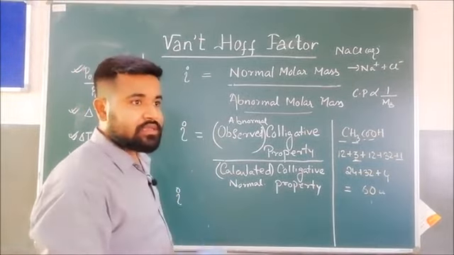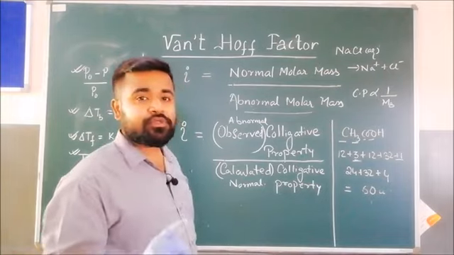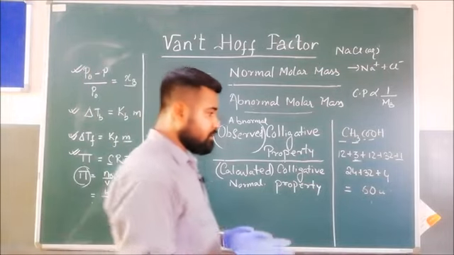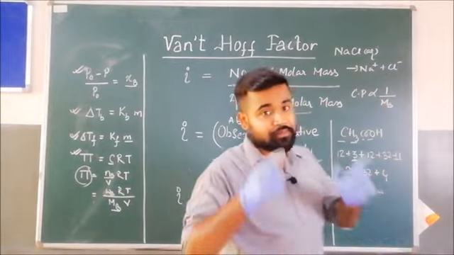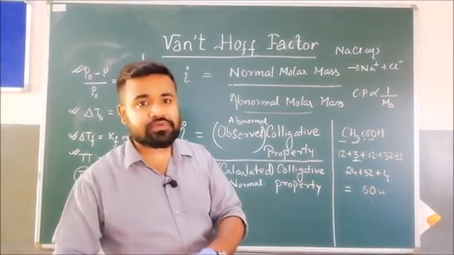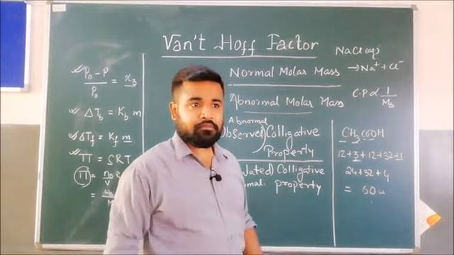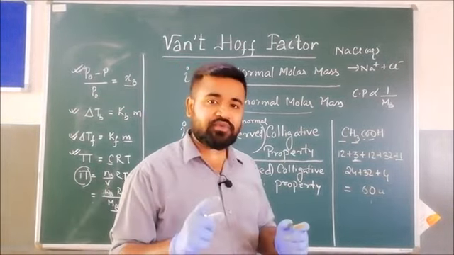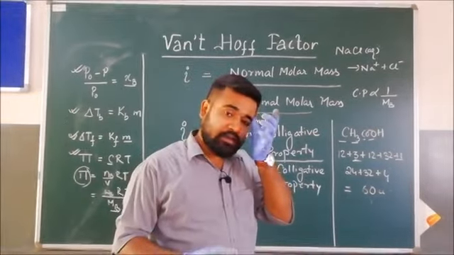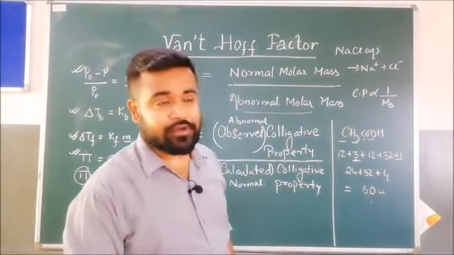The dissociation or association again depends upon the nature of the solvent. Some solutes dissociate in a particular solvent but associate in some other solvent. So whether dissociation or association will take place depends upon the nature of the solvent.